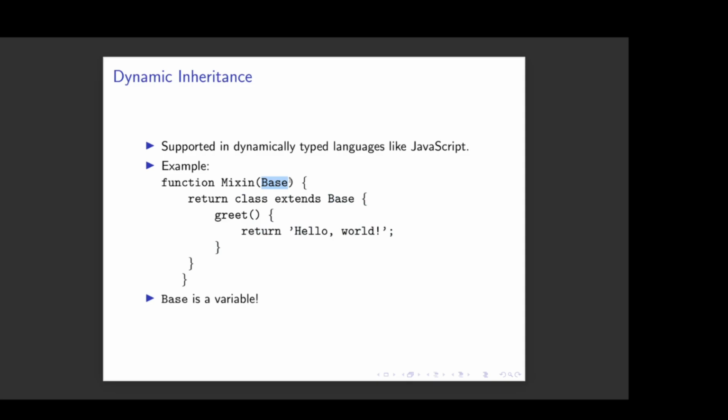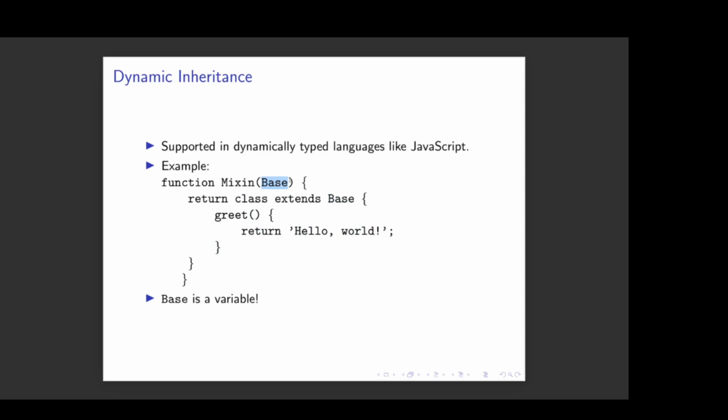So this class extends base, and it's a class that is going to have this greet method. And here, differently from static inheritance, base is just a regular program variable, right? It's not the name of a class, as in static inheritance. It's just the name of a variable.